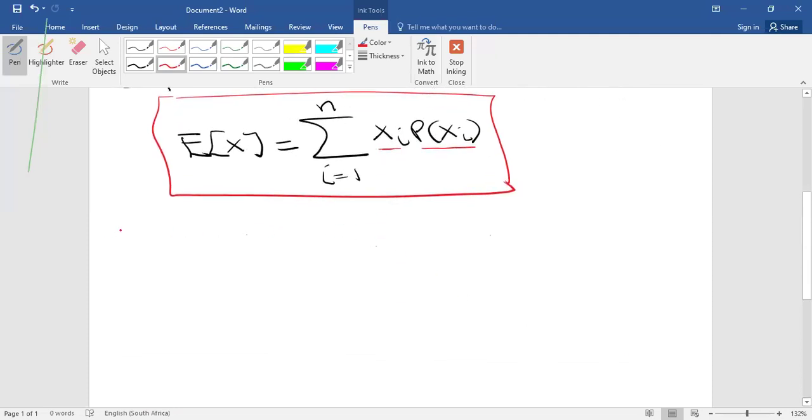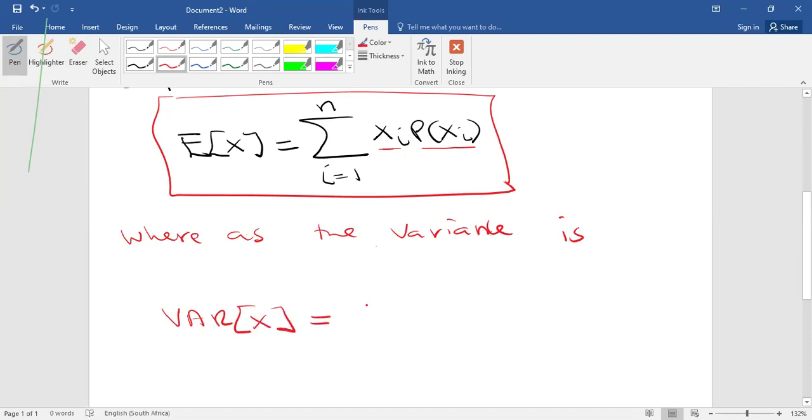Whereas the variance of a random variable X is given by the summation of x squared times p(x), minus the summation of x p(x), then this entire thing is squared.